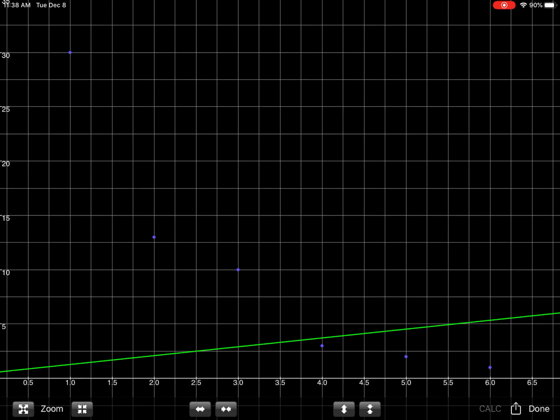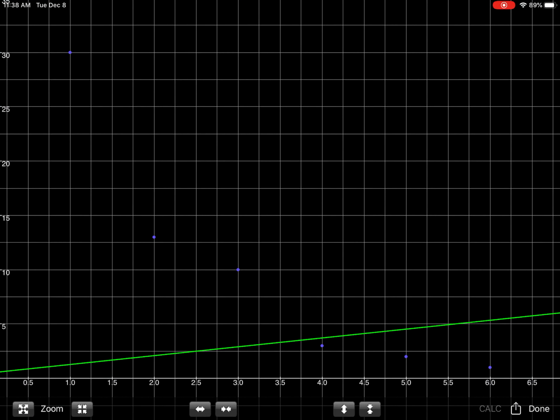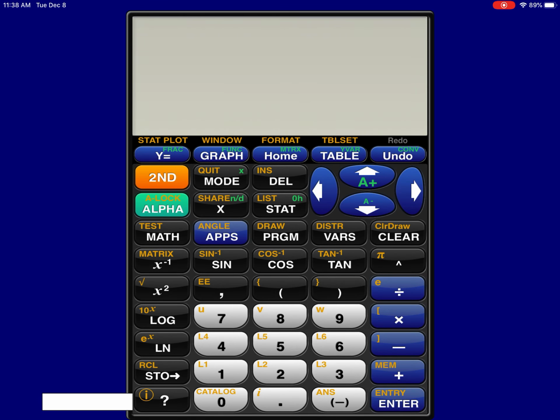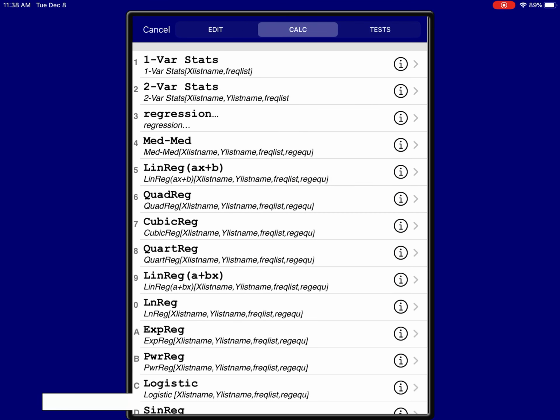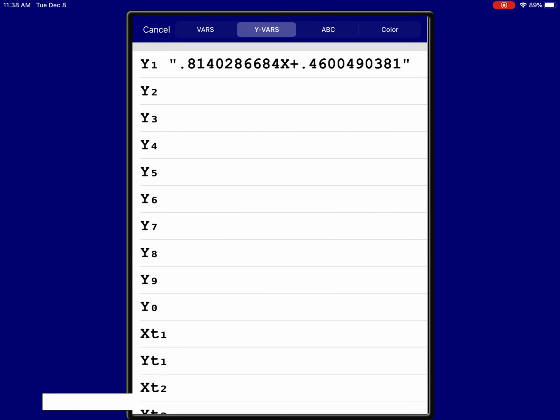Okay, so let's get an equation for the exponential. Let's press clear. So stat, calculate, and then A, so exponential model regression. L1, comma, L2, comma, 1, comma, vars, y vars, y1.